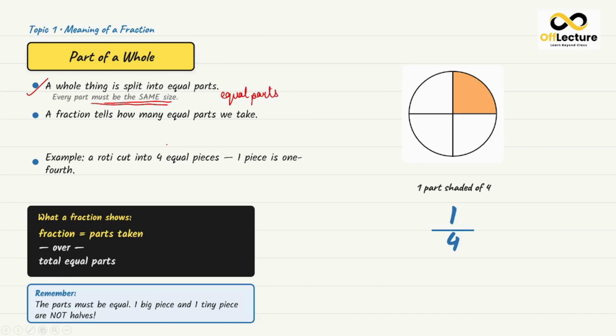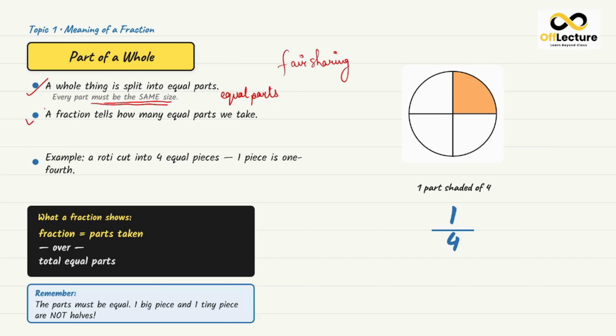Why? Because if the parts were different sizes, words like half or 1/4 would lose all the meaning. That is, fair sharing only works when the pieces are equal.